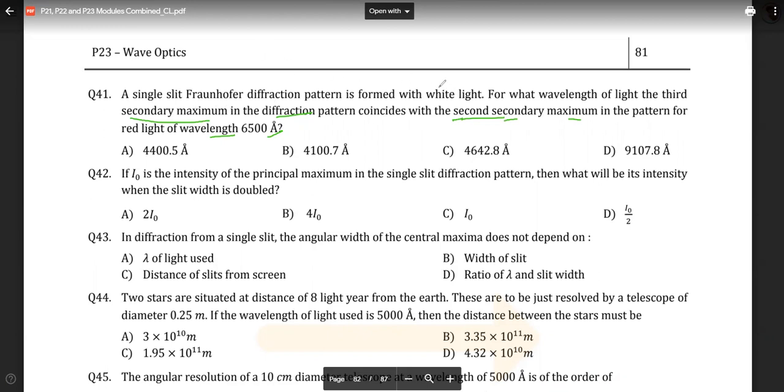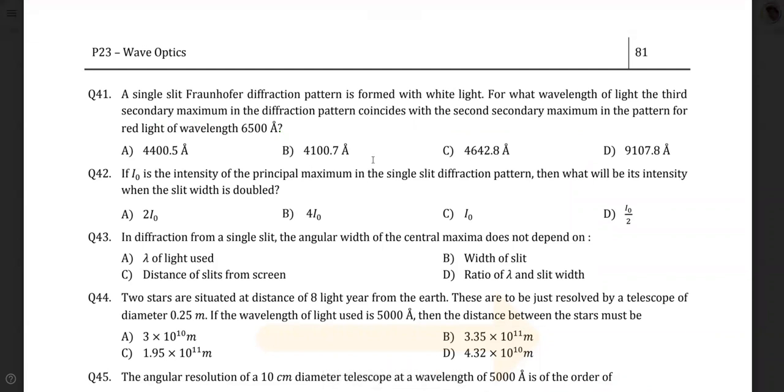Now when you talk about this second secondary, इसको हम n is equal to 2 ही मानेंगे. अभी थर्ड सेकेंडरी. कल भी क्वेश्चन में ऐसे ही हुआ था. यहाँ पे बस टर्म है. यहाँ पे जो बोल दिया है थर्ड सेकेंडरी, यहाँ पे n is equal to 3 मानेंगे, that's it. This is just a terminology used.